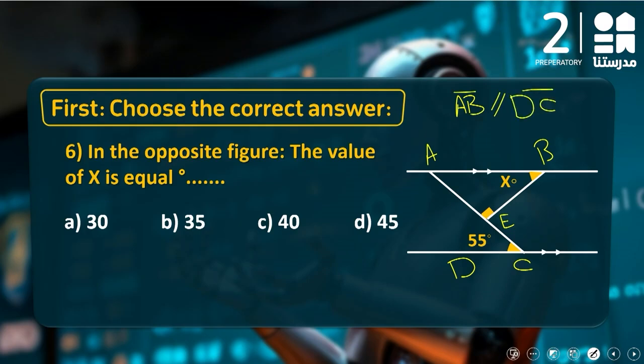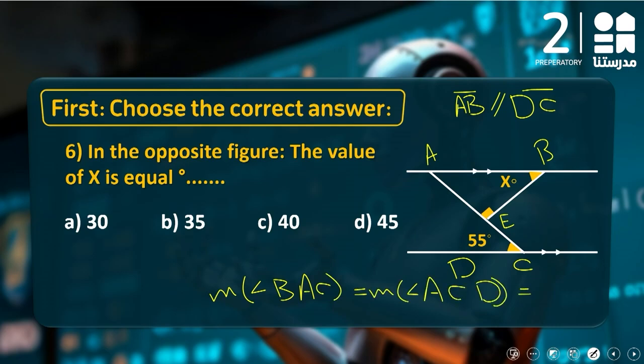So the measure of angle BAC equals the measure of angle ACD, equal to 55 degrees.